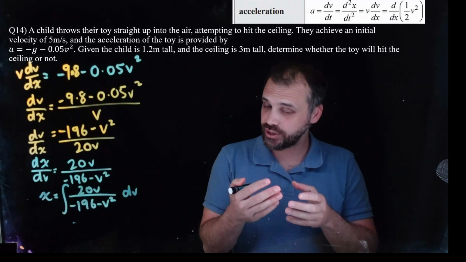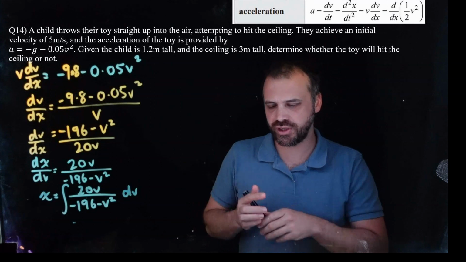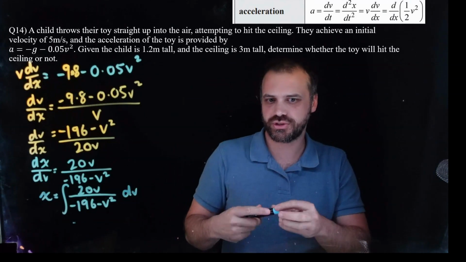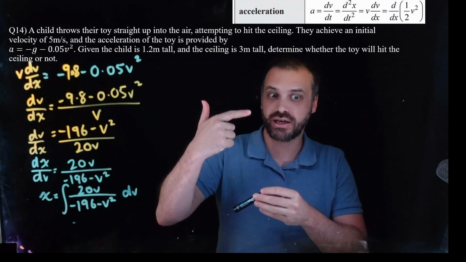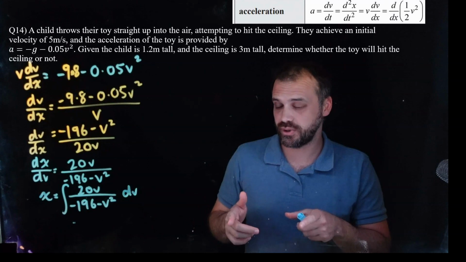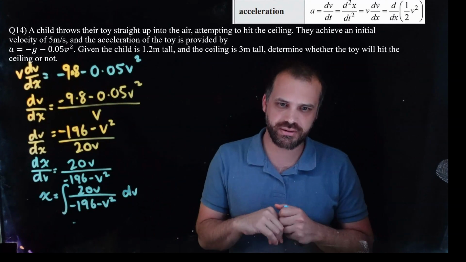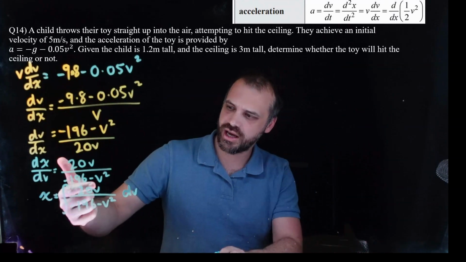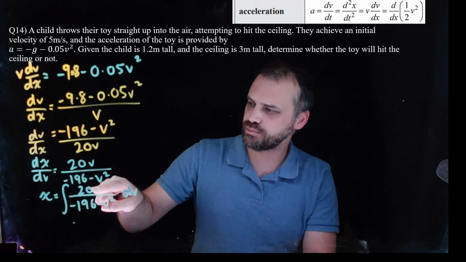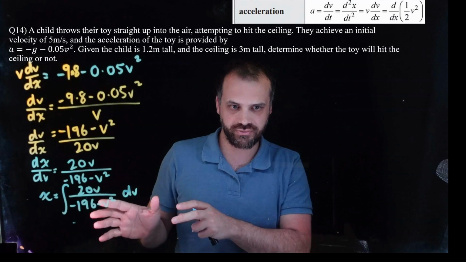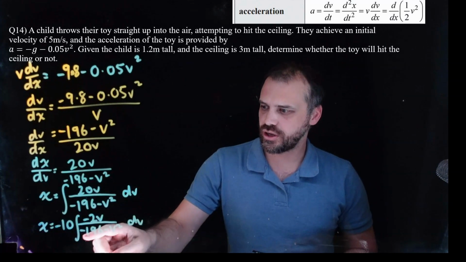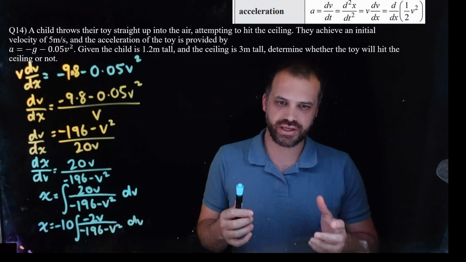Now, I got called out in the comments of a previous video because I used partial fractions when I could have used the fact that if you've got f dash of x over f of x, you can integrate really simply that way. So here is my chance to redeem myself. I almost have f dash of x over f of x. If I just bring negative 10 out as a factor, I get negative 2v over negative 196 negative v squared.